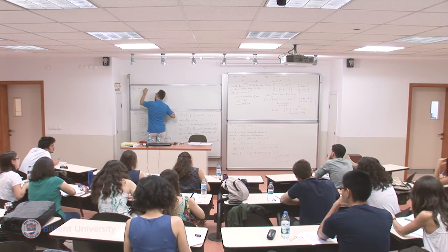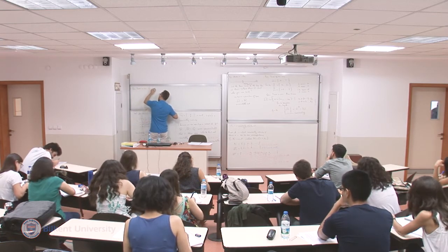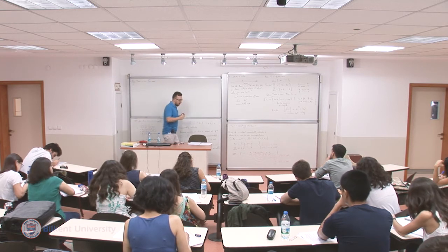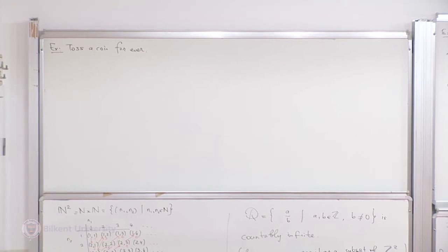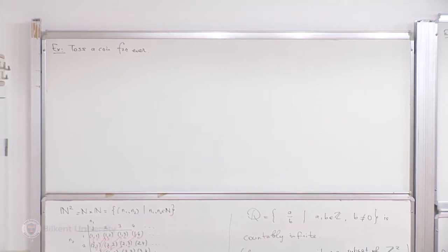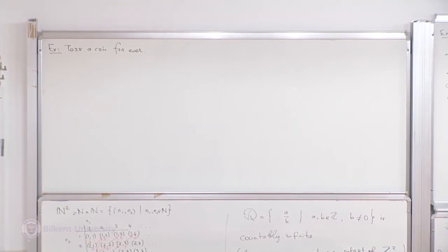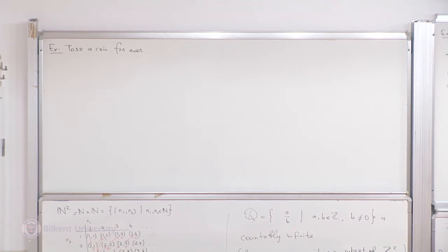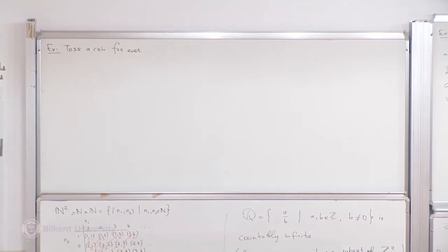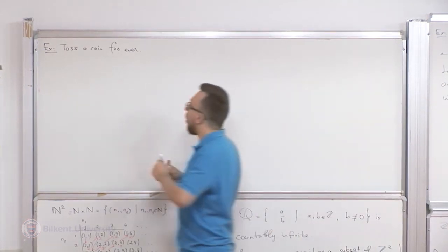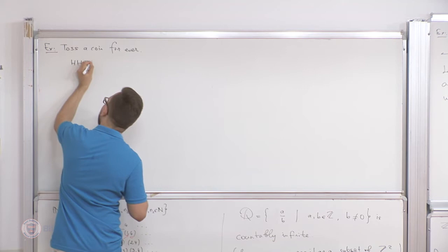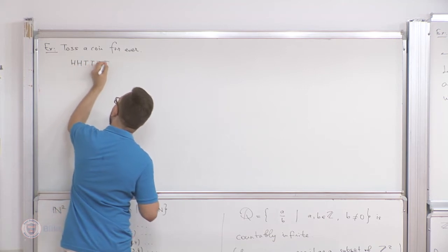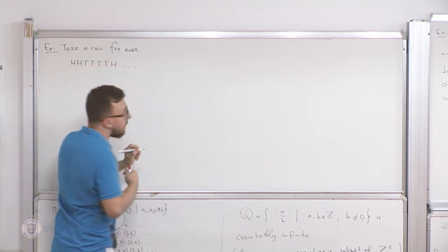Toss a coin forever. Now, what is your outcome? For instance, I toss the coin. I get heads, heads, tails, tails, tails, tails, heads, and it goes on forever.